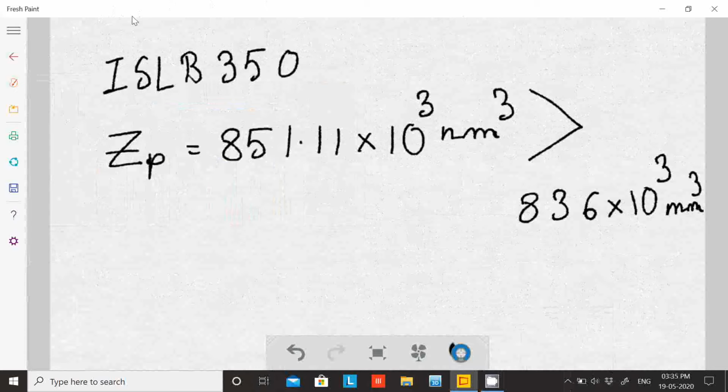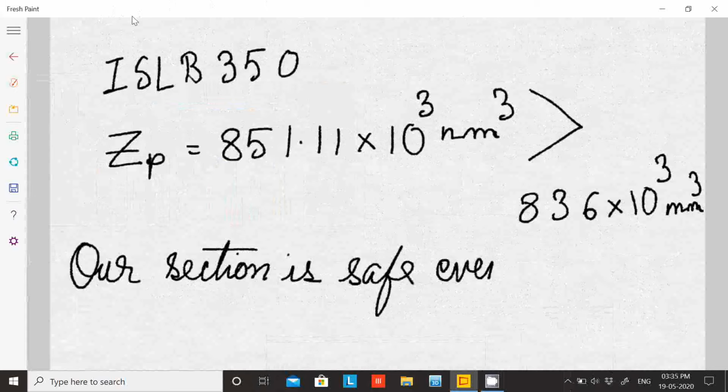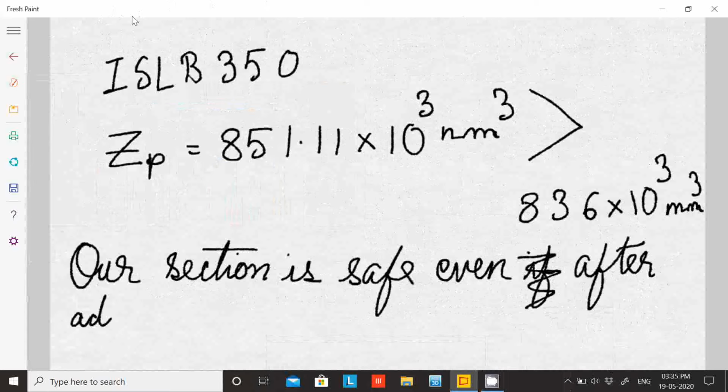So our section is safe even after adding self weight.